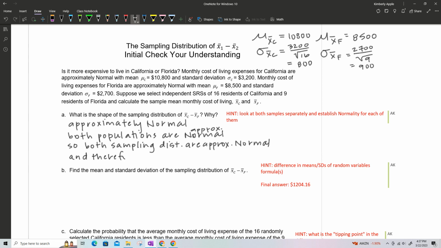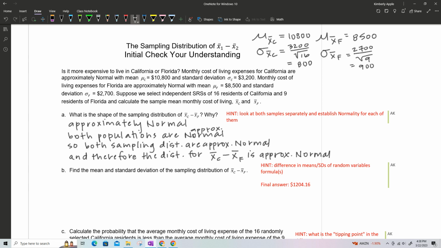And therefore, the distribution for the difference in sample means is approximately normal. So that's a lot, but we had a couple of steps we had to take there.